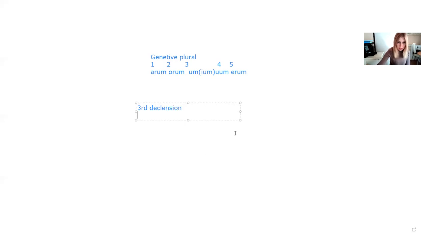First of all, we are going to use ending -um when we deal with imparisyllabic words. Imparisyllabic means that the noun in nominative case has one number of syllables, but in genitive case another number of syllables. It's called imparisyllabic nouns.